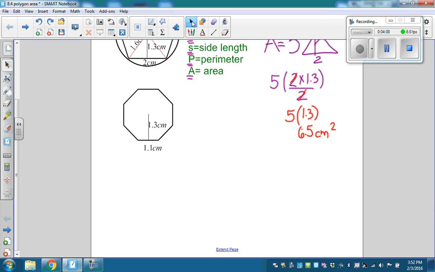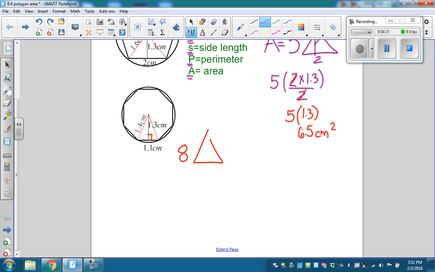So you have here a regular octagon, and within that octagon, there are 8 isosceles triangles. And the apothem of the octagon is 1.3 units long, and the radius of the circle, which is the side of the isosceles triangle, is 1.4.